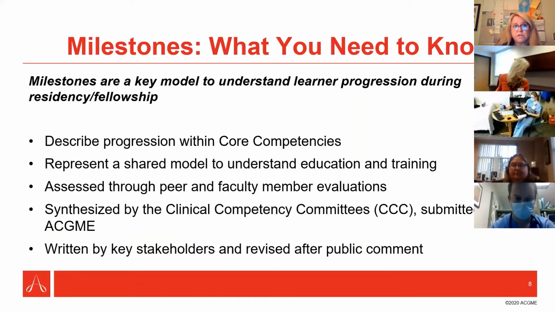So what you need to know is that the milestones are what we use to help understand your progression, to help show growth, because that's what you're here for. You're going to come in with a certain amount of knowledge and skill set, and the whole idea is that you're going to grow as you're going through residency. That's where the milestones really help us to assess that.